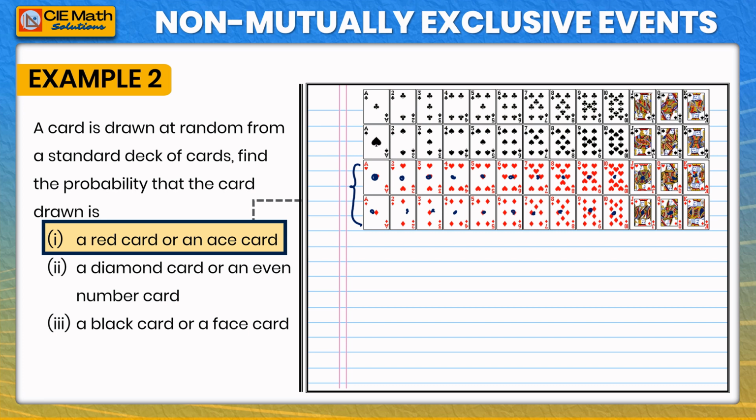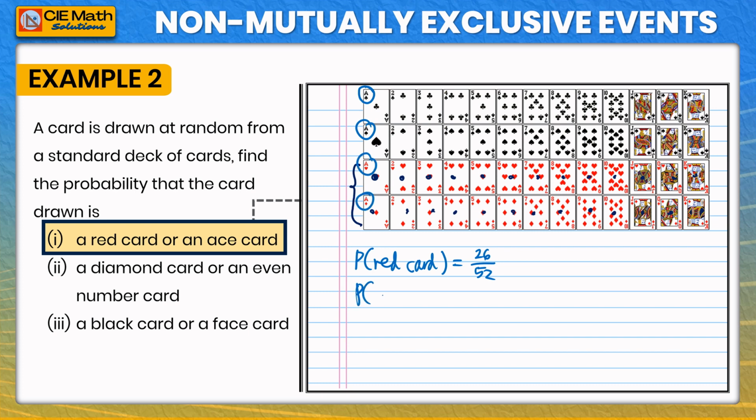So if you write down the probability of a red card, it is equal to 26 over 52. Next is the event of getting an ace card. So ace cards are this, and this. There are 4 of them.